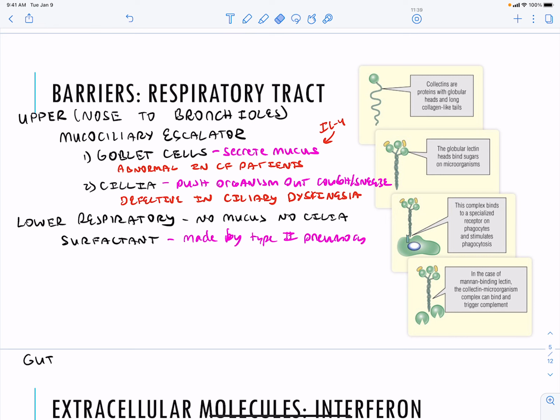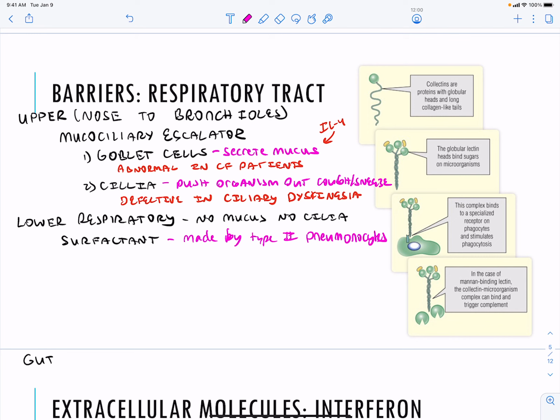I think I spelled it wrong. Pneumo. And surfactant is basically proteins and phospholipids, which are important for keeping your alveoli from collapsing during expiration.